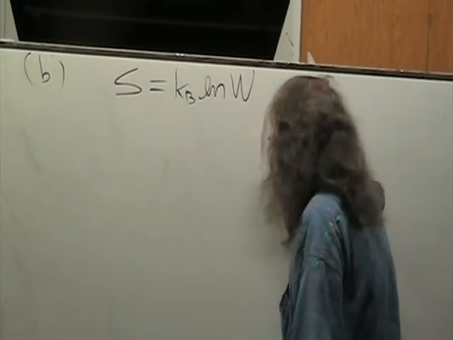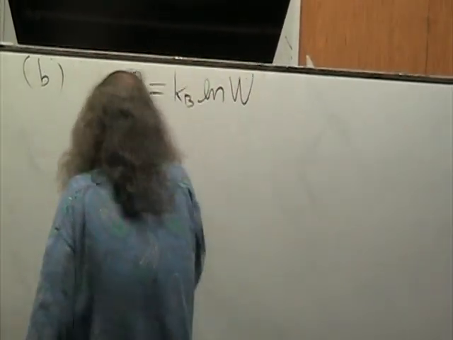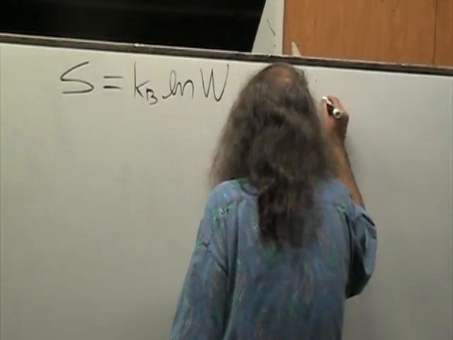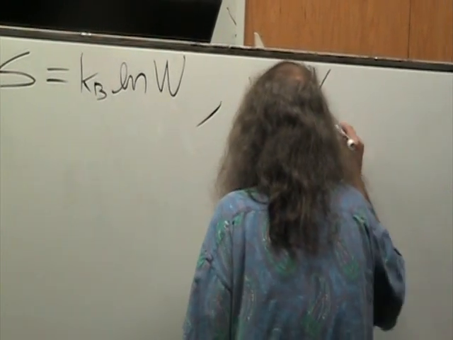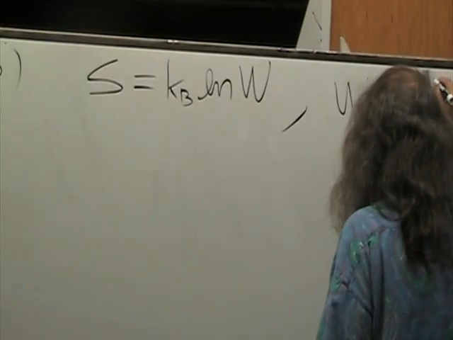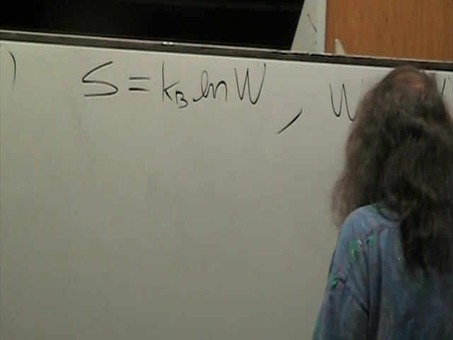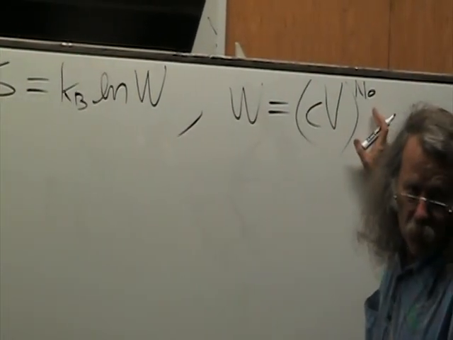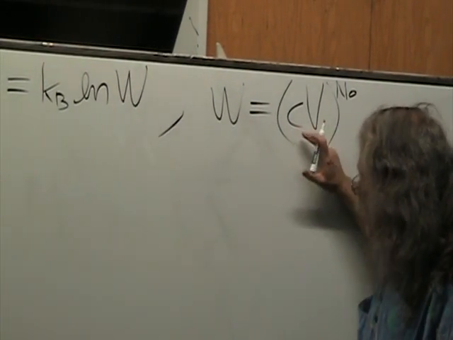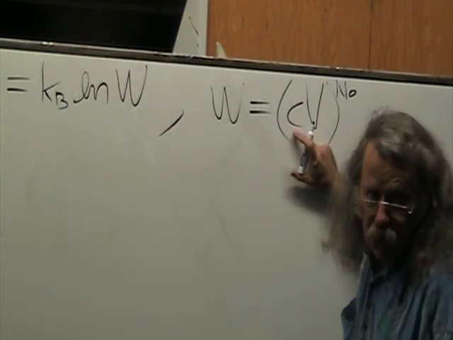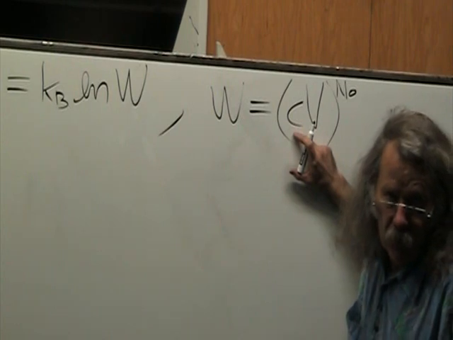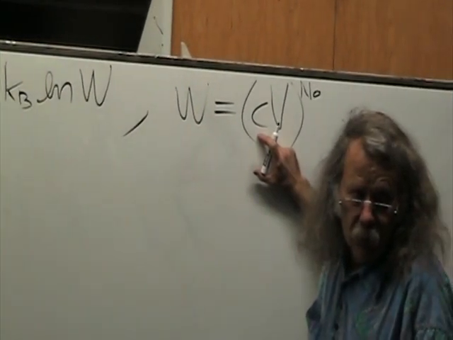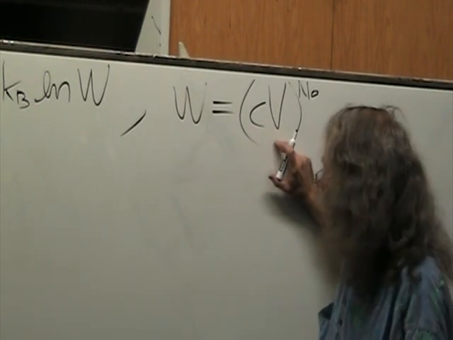Okay? And so W is going to be proportional to some constant times the volume to Avogadro's number. The number of particles is going to appear in the exponent of the number of microstates. This is just some arbitrary constant which reflects the number of positions available for a molecule within a given volume.